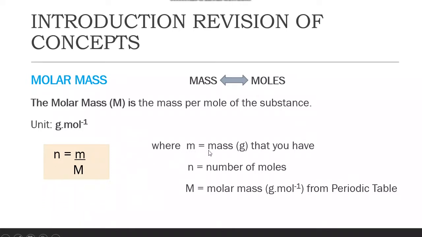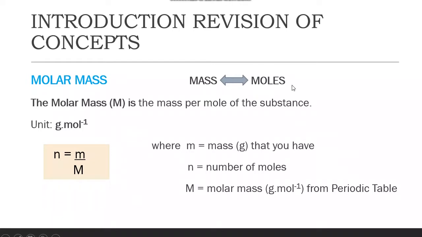So all we do is use the mass that you actually have and put it over the molar mass, the gram per mole from the periodic table, and you will be able to work out your actual moles.